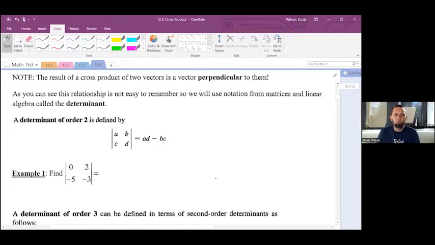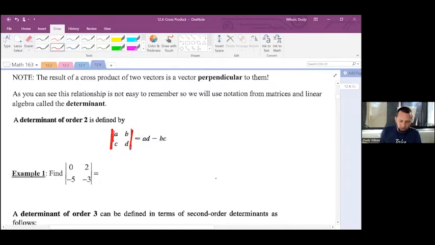So a determinant of order 2 is defined in this manner. First, notice we notate it using these vertical bars, and you'll notice that there is no top or bottom on those vertical bars. They're just up and down, no side-to-side component.